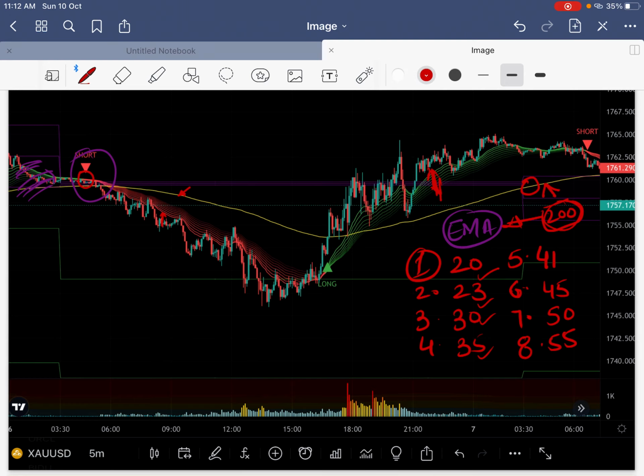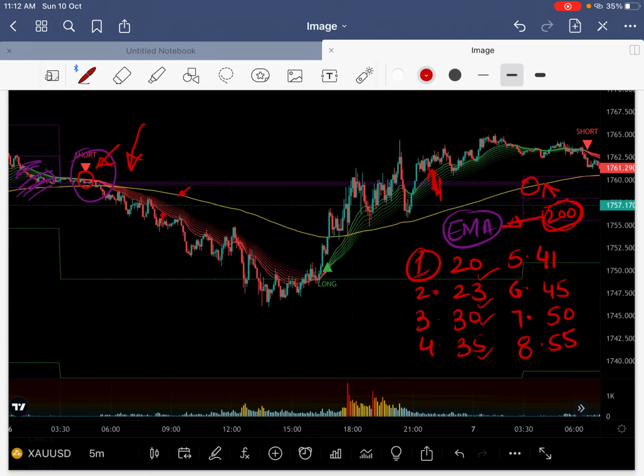As you can see, at this point all the moving averages cross over each other, and this indicates a short signal if they cross from the above side. What does that mean?